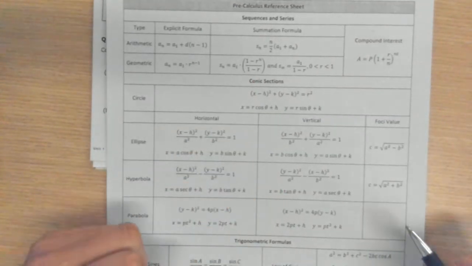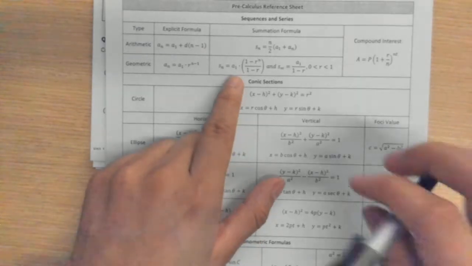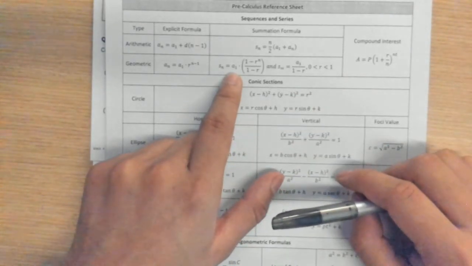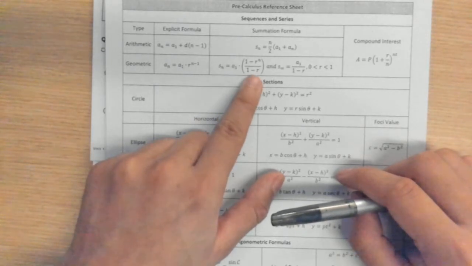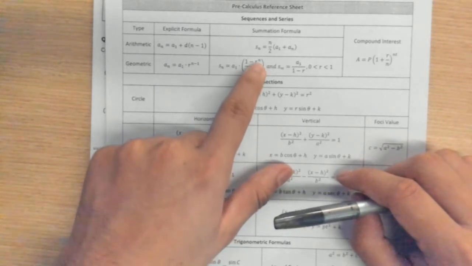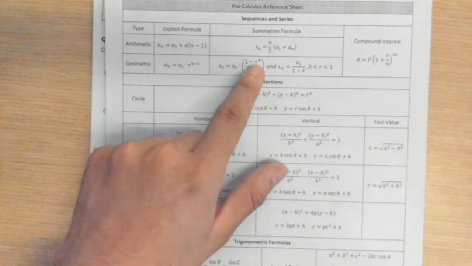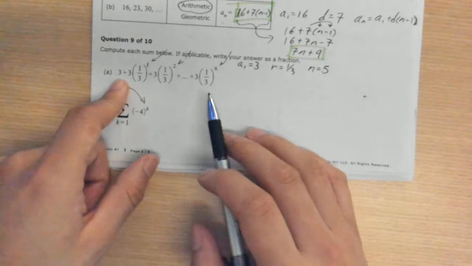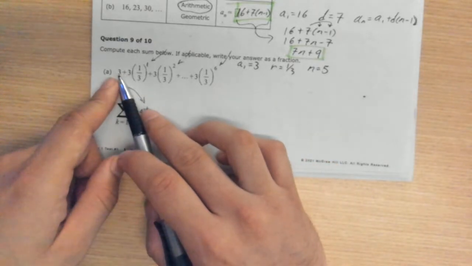Now for the first equation we need a few things. We need our a sub 1, which is our first number. We need the common ratio, and we also need to know up to which value we're adding. So this is the first value, 3.